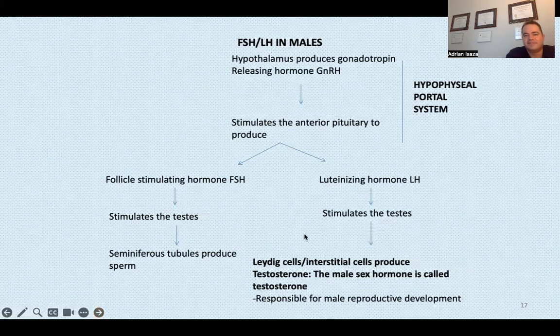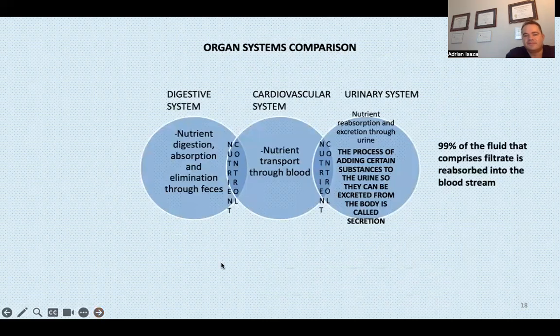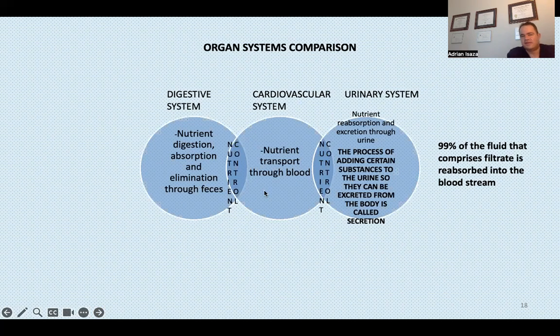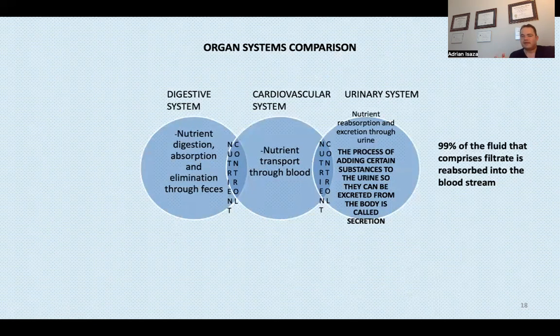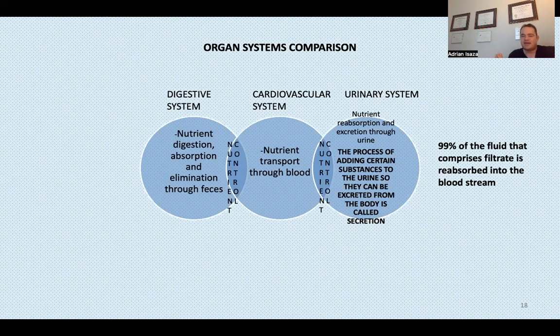Know that. And here's a comparison: urinary system, cardiovascular, and digestive. The process of adding certain substances to the urine so they can be excreted from the body is called secretion, right? Know that definition. The urinary system basically reabsorbs, it secretes, and it excretes, right?